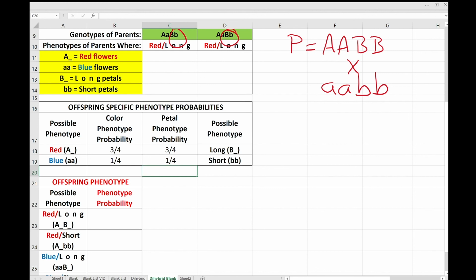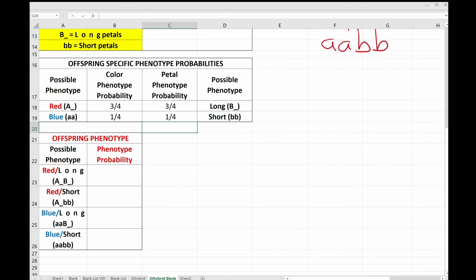Now, we're going to take these probabilities and multiply them. Rule of multiplication. So here, what's the probability of getting red individuals? 3/4. So I'm going to hit equals 3/4, and then we'll multiply that by the probability of having long petals, 3/4. When you multiply that out, it's 9/16. So what I did was I multiplied this by that, and that goes right there.